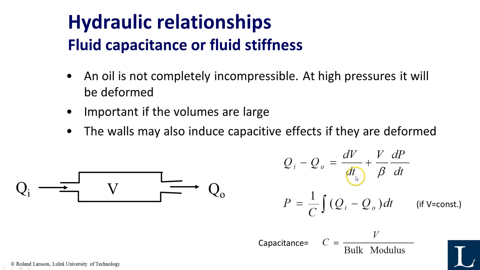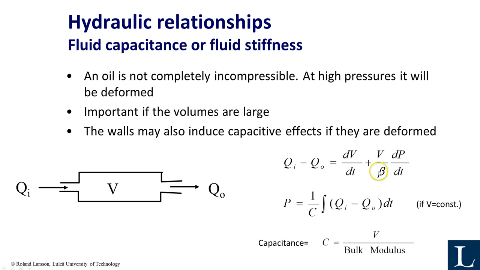It's actually a bad way of writing it here, and I will come back to it later. It's a change of the volume and a change of the pressure, and we normally call this parameter a capacitance.